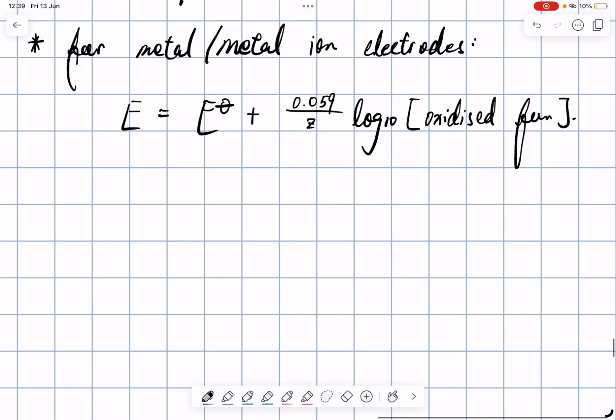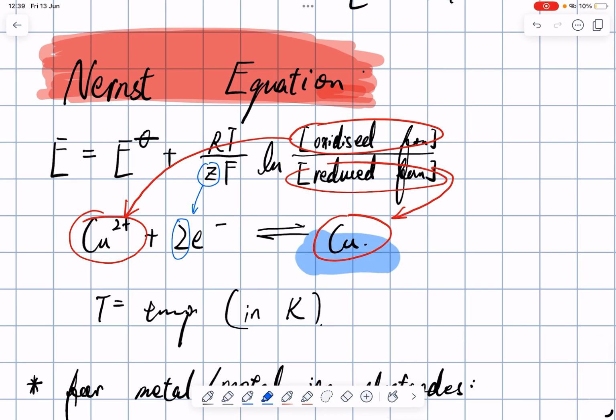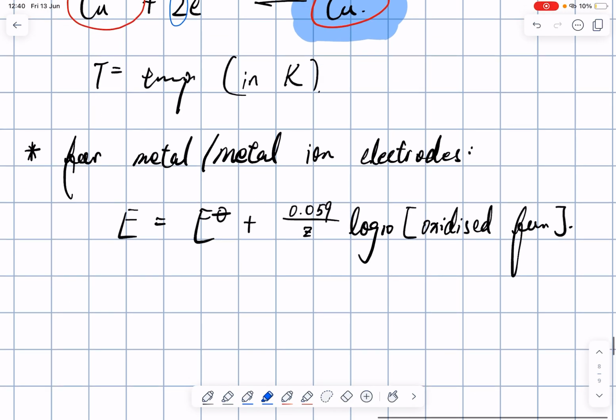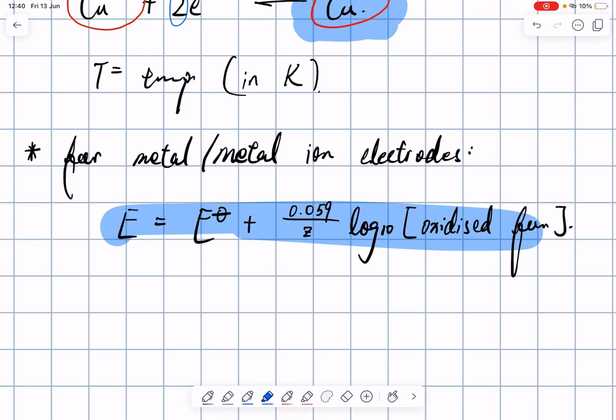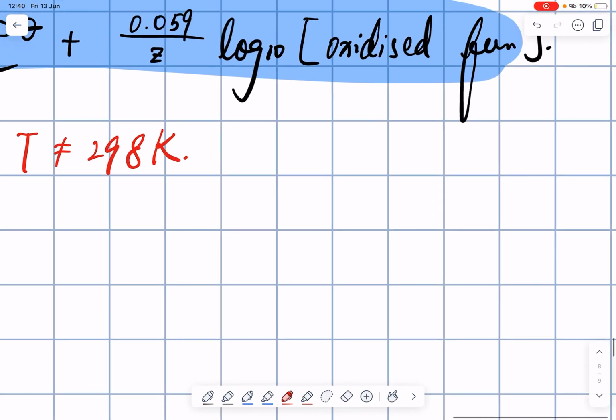The reason why we are not considering the reduced form is that the reduced form is the metallic solid. It doesn't have a value for concentration, so it will be easier if we just use this. But if T is not 298 kelvins, use the Nernst equation.